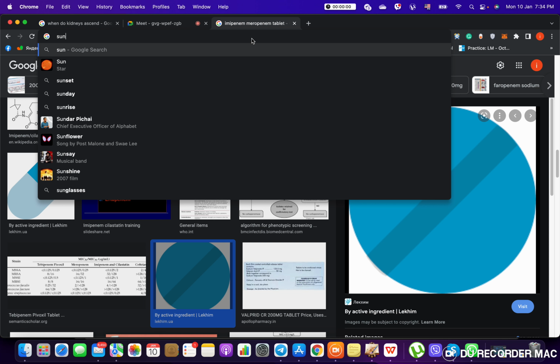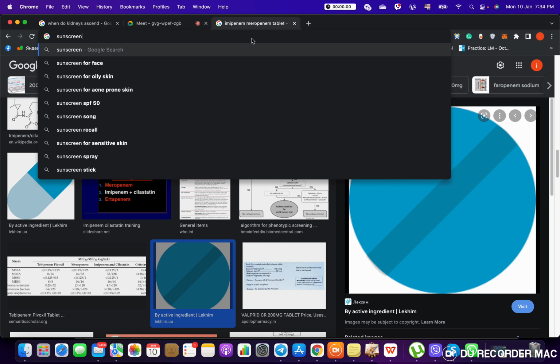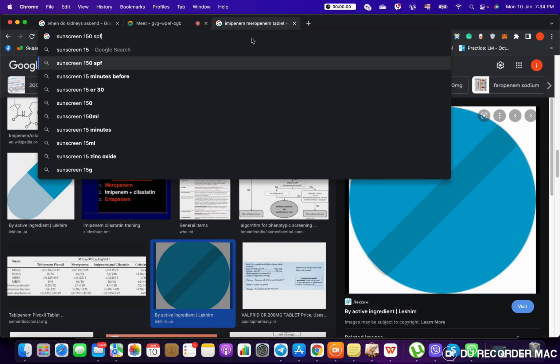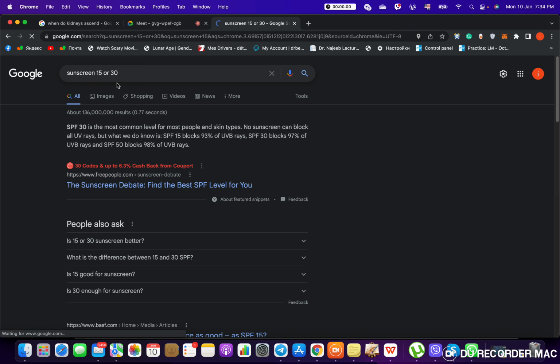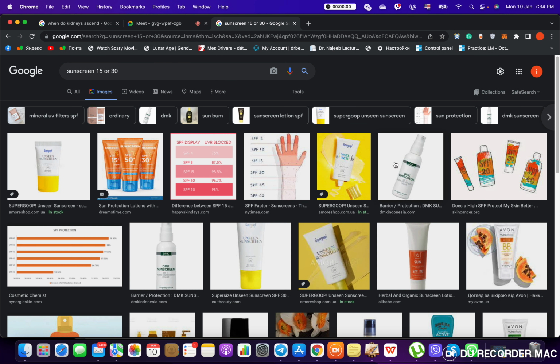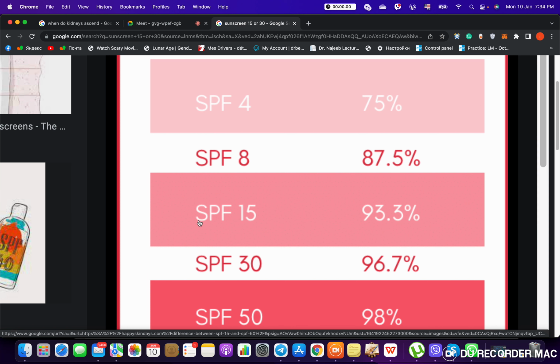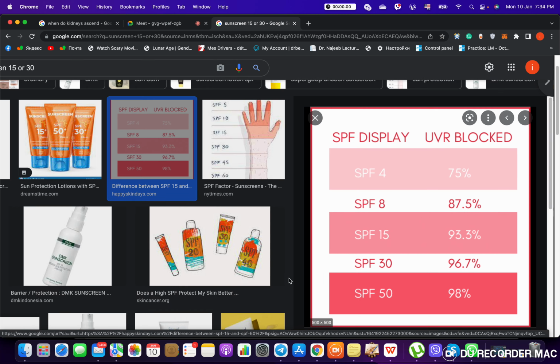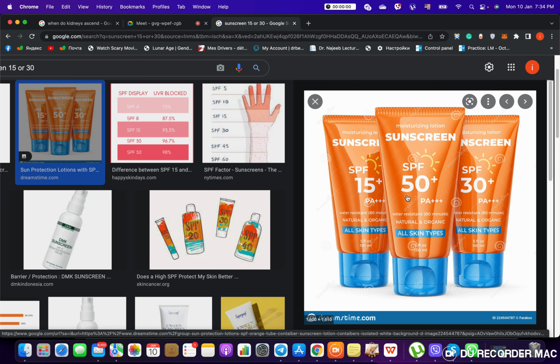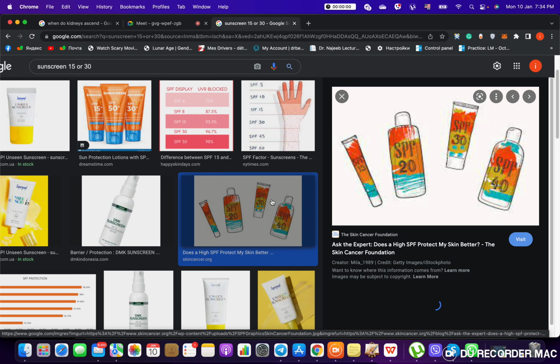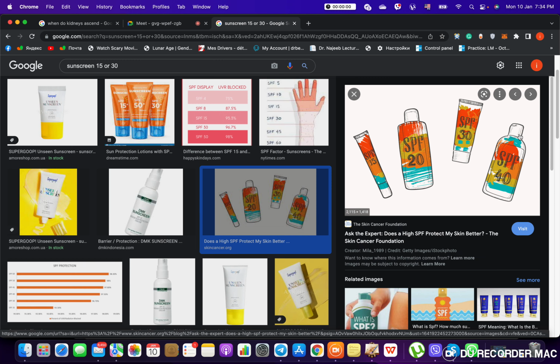I don't know if you know this, but sunscreen has types, like SPF 15 and SPF 30, the sun protective factor. If they ask whether you should give him sun protective factor 15, or 30, which are different types of sunscreens, or should you give him clothes, full cover all over his body?